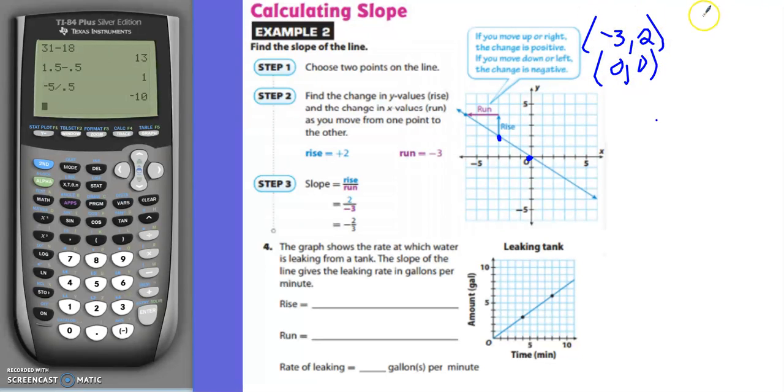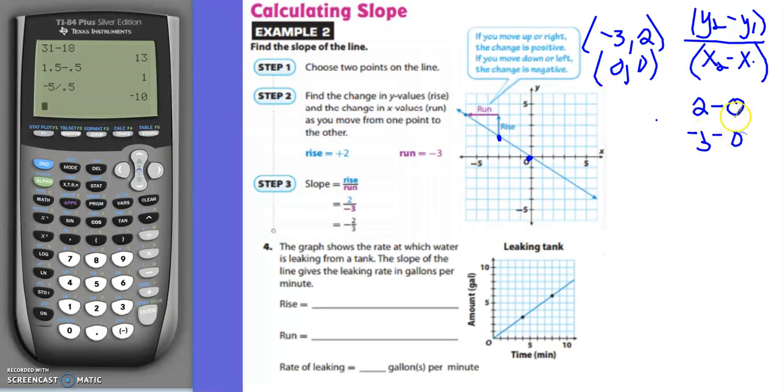So if we do y2 minus y1 over x2 minus x1, all right, we can say 2 minus 0, and we can say -3 minus 0.